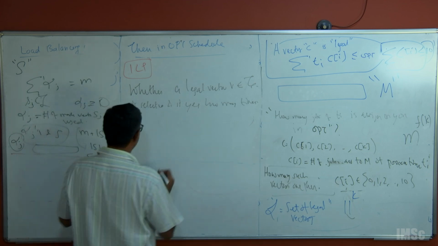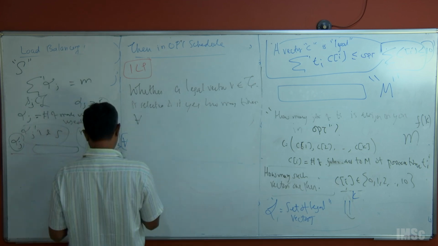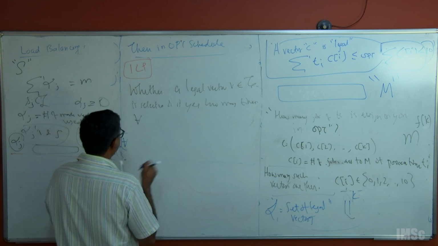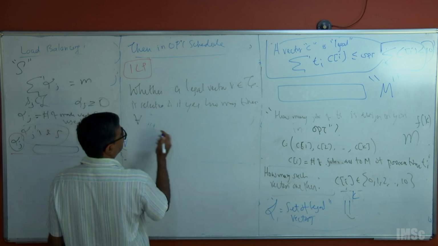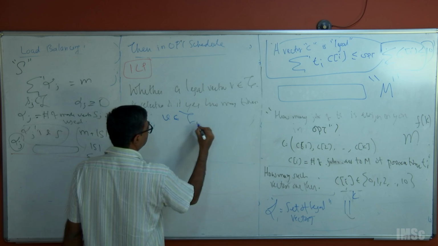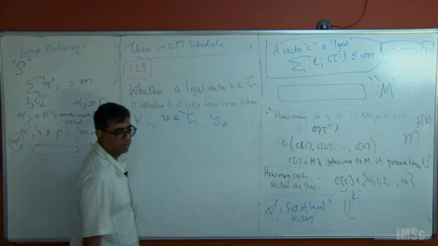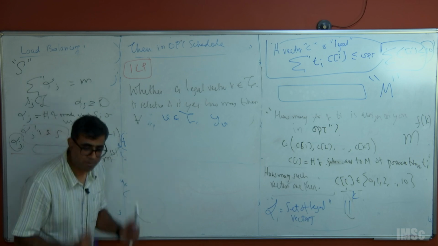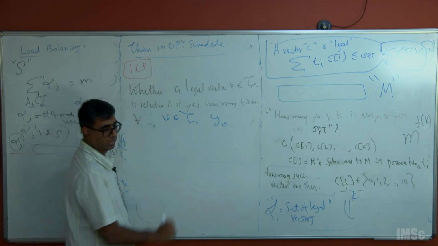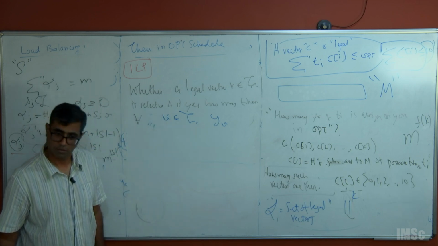So now, for each vector v in L, let's have a variable y_v. y_v is a variable which will tell you how many times I am going to pick up this vector v. You understand?